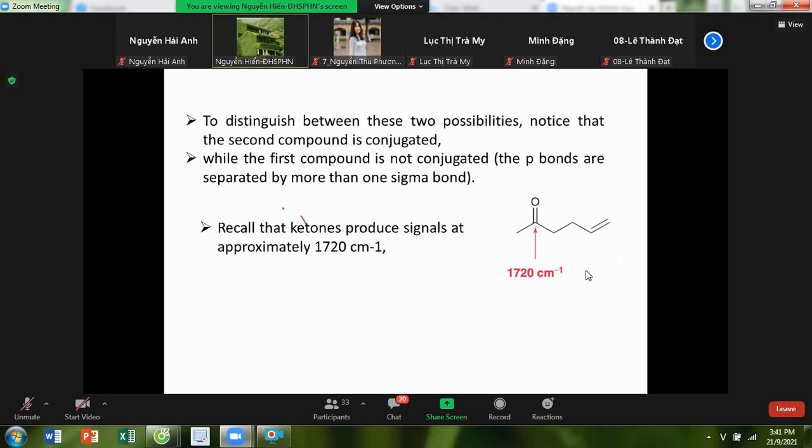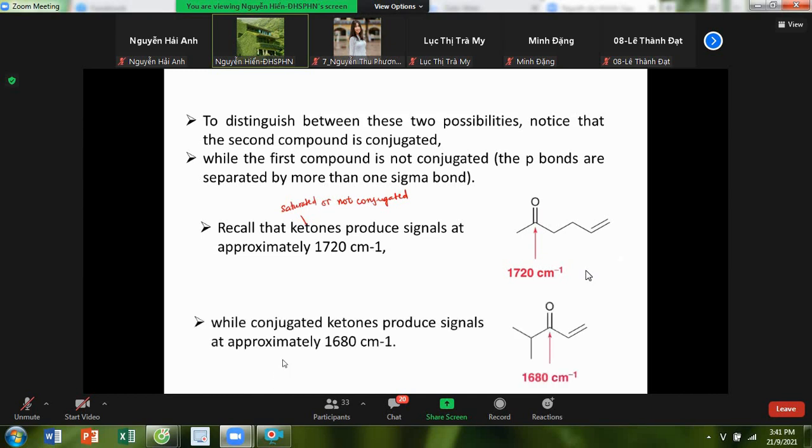This means that saturated or not conjugated ketones will absorb at larger wave number than conjugated ketones. So this is a conjugated ketone, and you still remember, I hope, the two numbers.